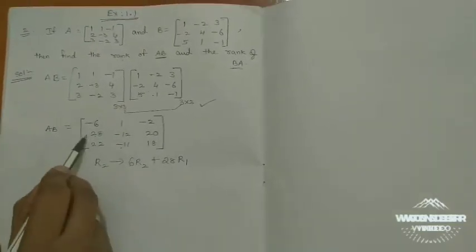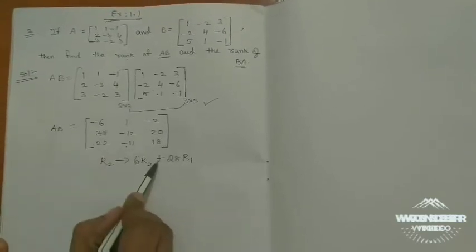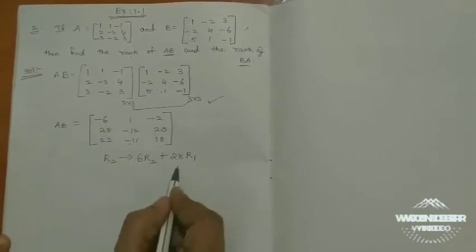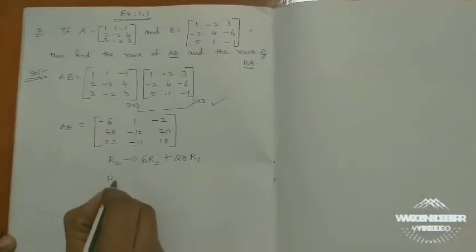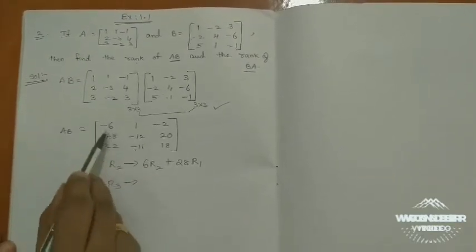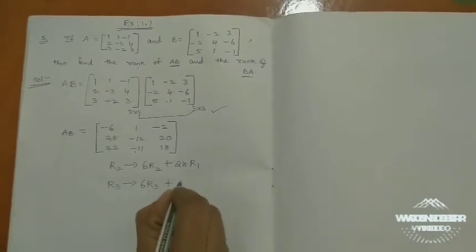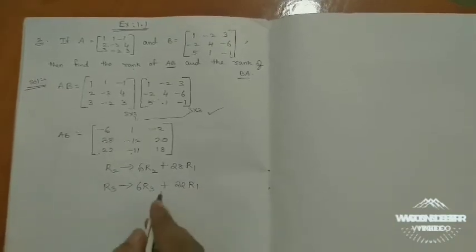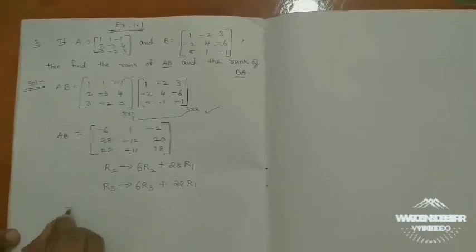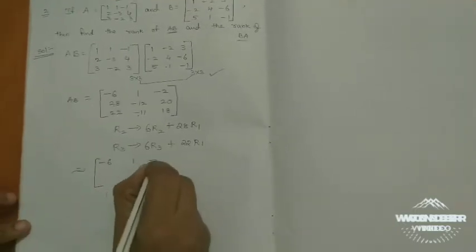Because 6 into R2 and 28 into R1, one is plus and one is minus, so the terms will get cancelled. And R3 implies, here it is 22 and here I have 6. So 6 times R3 plus 22 times R1. If I do that, I can make this term also 0. Here I am not disturbing the first row, so write down the first row as it is.